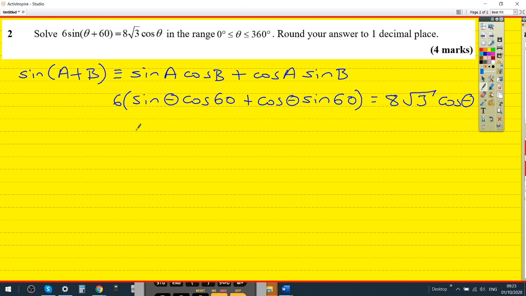So I got 3 sine theta plus 3 root 3 cos theta equals 8 root 3 cos theta.